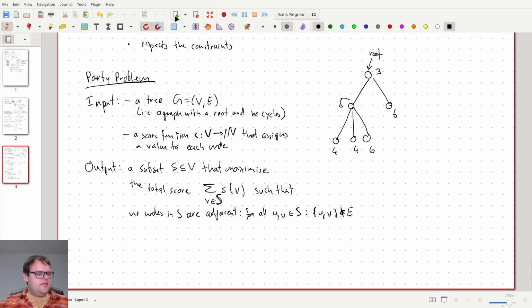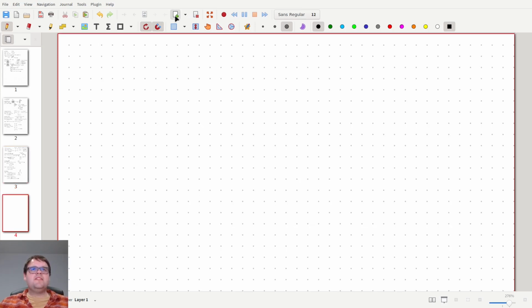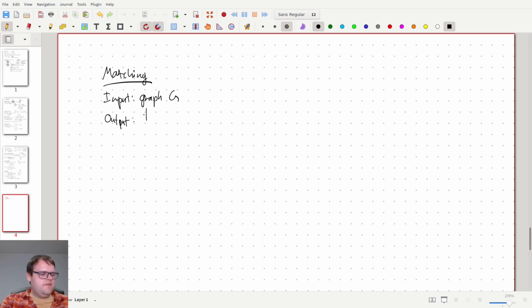So let's have a look at the matching problem. What's the matching going to be? It's pretty simple, it's a graph problem. The input is going to be a graph G, and as an output, it will have the largest matching of G, so it's an optimization problem again.